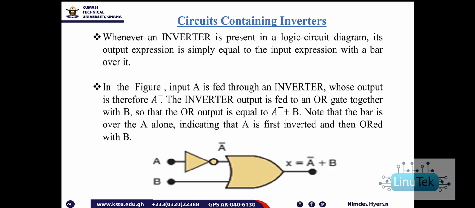So when we take this diagram here, where we have a NOT gate and an OR gate, this input, which goes through the NOT gate, has a bar on top of it, which shows that the input A has been inverted.